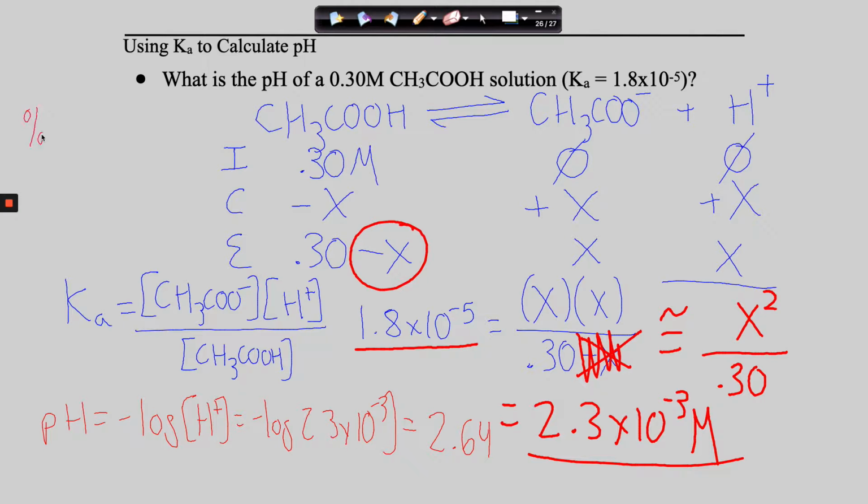So percent protonation is equal to the concentration of hydrogen divided by the concentration of acetic acid, or 2.3 times 10 to the negative third divided by 0.3 times 100. Are you surprised by the fact that it's 0.77%?